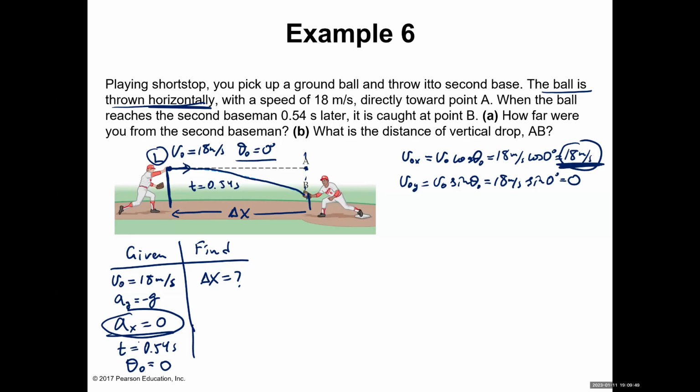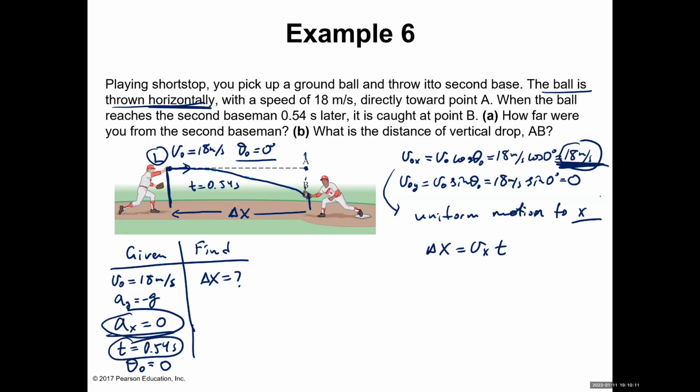Yes. And remember, this then means that I can use the uniform motion equation for the x direction, where delta x is equal to Vx times time. And that's it, right? See, I have time.